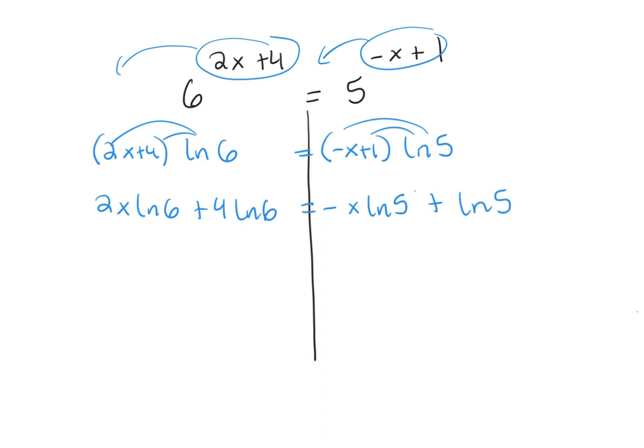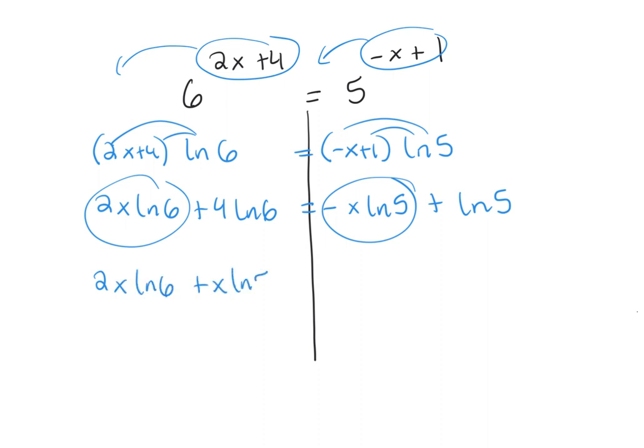And now get your x terms on the same side and then your non-x terms on the other side. So 2x ln 6 plus x ln 5 equals ln 5 minus 4 ln 6.